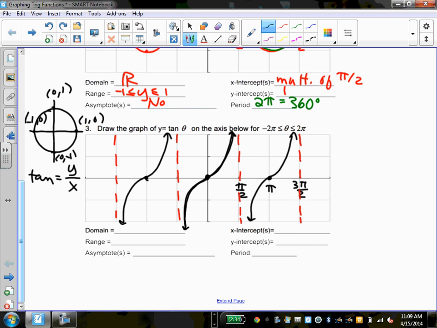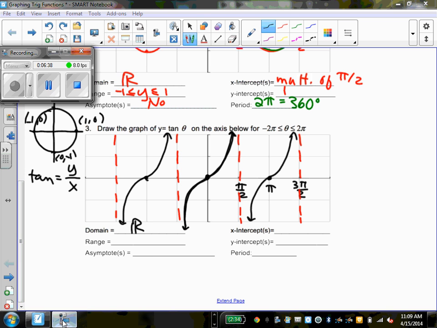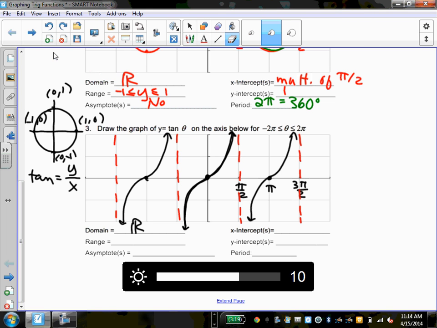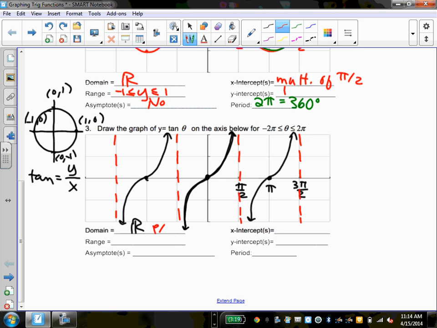The domain for the tangent is all reals, except where your asymptotes are. And your asymptotes are odd multiples of pi over 2.